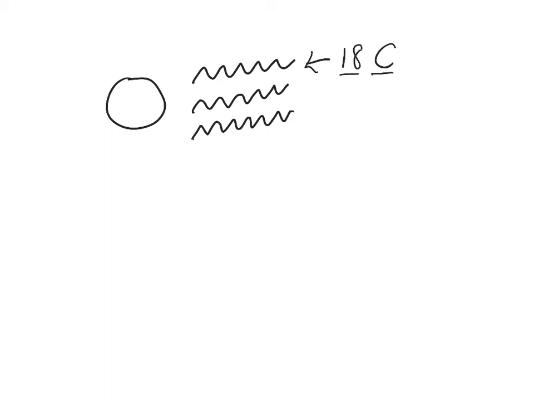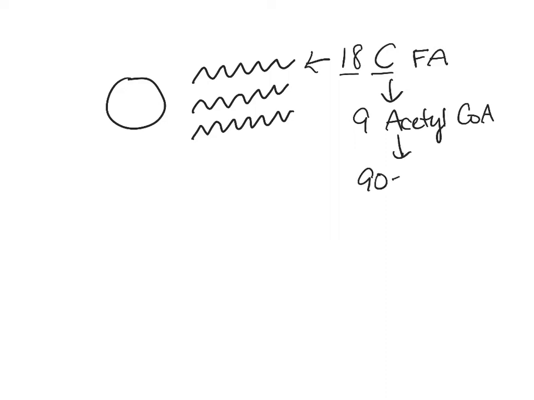So from one 18 carbon fatty acid, that would yield 9 acetyl-CoA. And from 9 acetyl-CoA, that will yield around 90 to 96 ATP from one fatty acid tail. Now that is about 3 times more than glucose gave us.